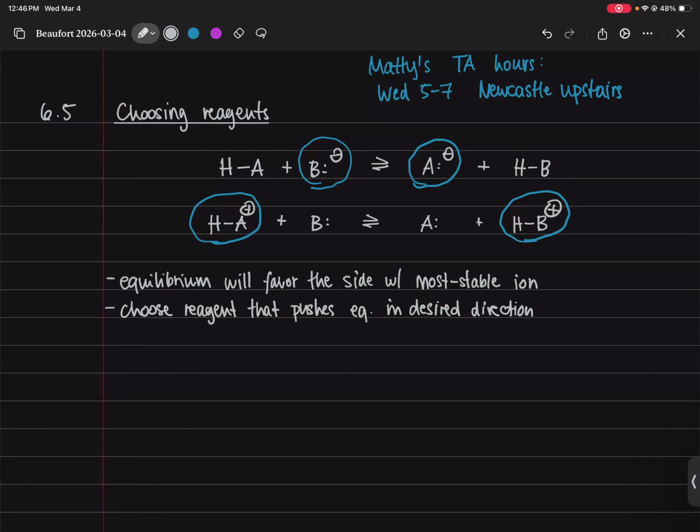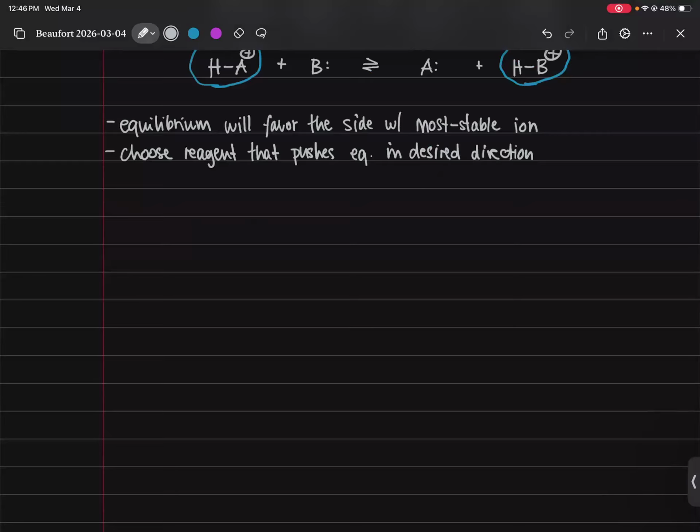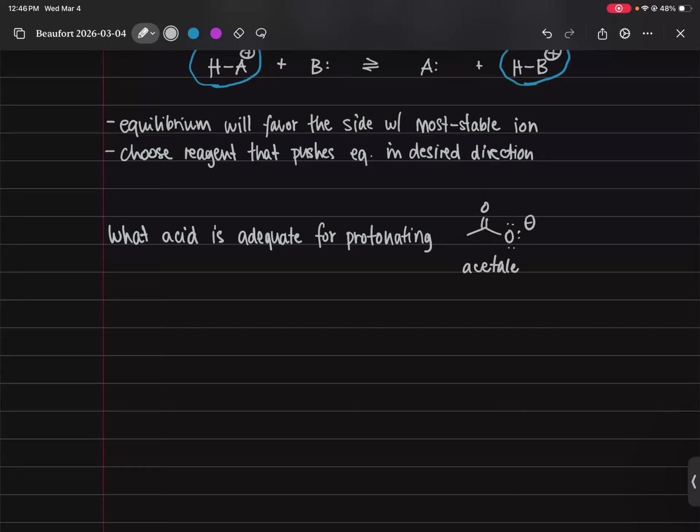So let's say we have the acetate ion in solution, and we would like to protonate it to make acetic acid.